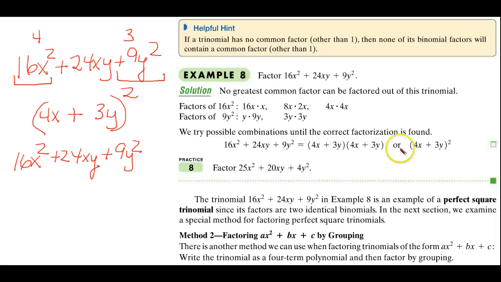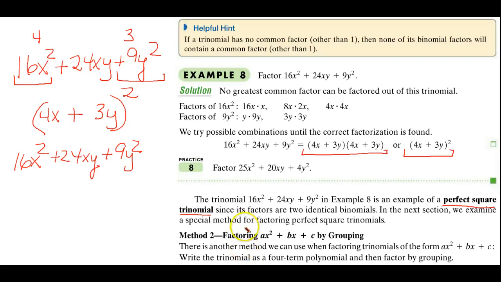So that's what this is. Now, theoretically, you could have written it this way as well, but this is the preferred way. And they are mentioning this as the perfect square trinomial.